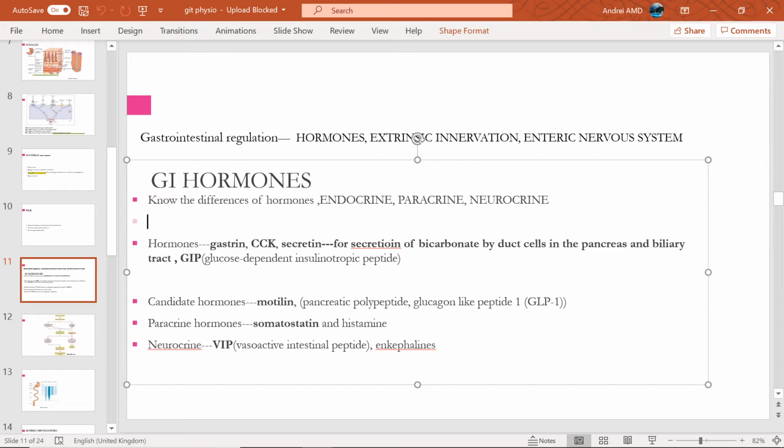Because when you have protein, it will take time to digest and you will need more acid. So gastrin's stimuli is mainly food, and it stimulates the parietal cells to produce more H plus.